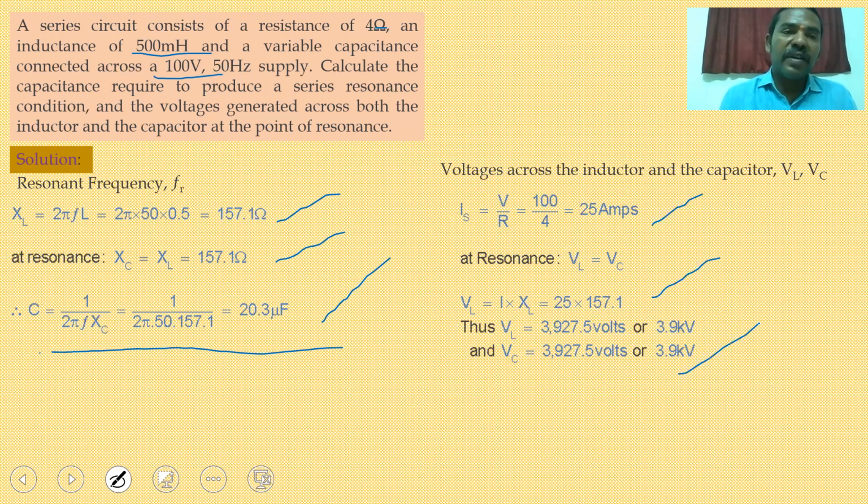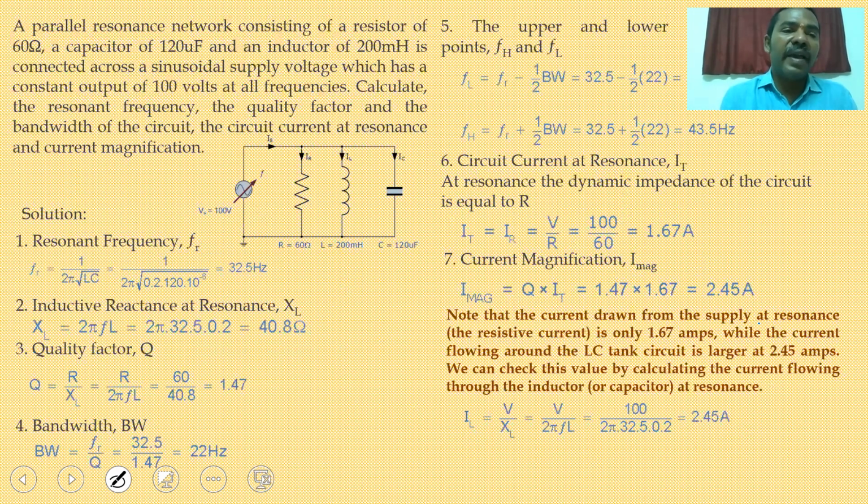Now we are going for the parallel circuit. Here in a parallel circuit, the resistance they have given is 600 ohms, inductance is 200 millihenry, capacitance is 120 microfarads, connected to a voltage source of 100 volts.